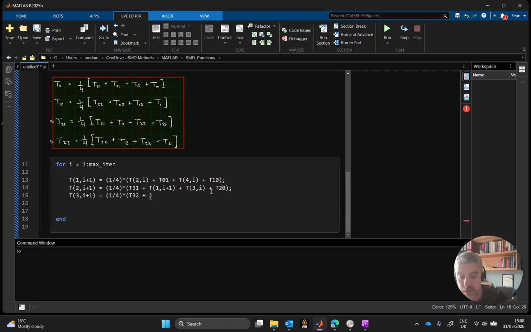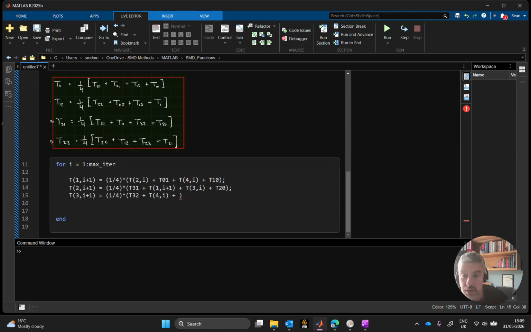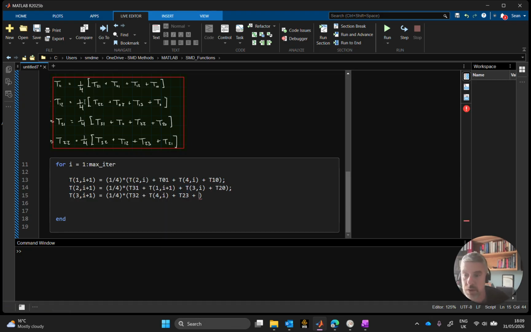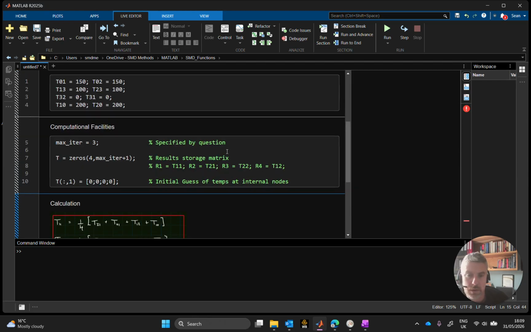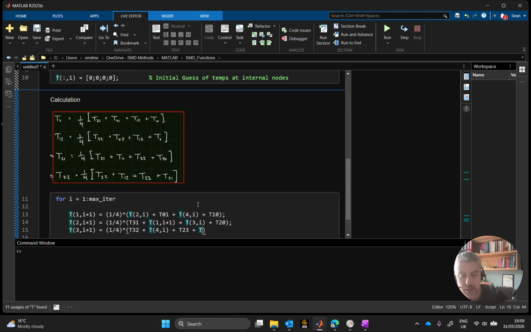I haven't done T12 yet, so this is T12 of I, plus T23 plus T21. We have not solved for T21 just yet. Oh, we did. That's R2. Sorry. Yeah, T21 at I plus 1.